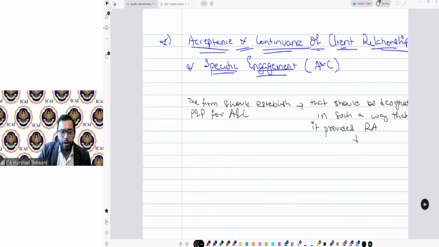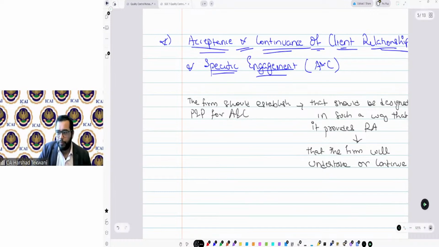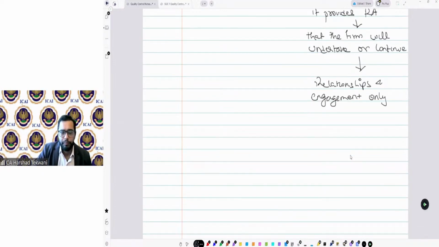It provides reasonable assurance that the firm will undertake or continue relationships and engagements only when the following conditions are satisfied.